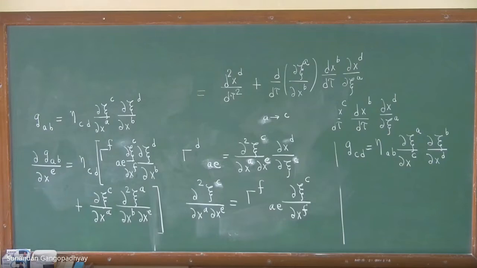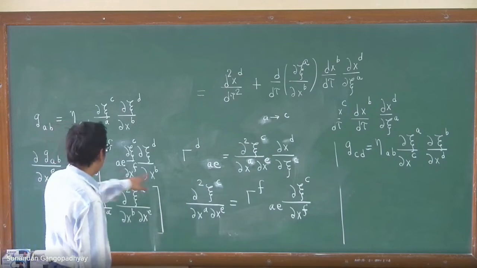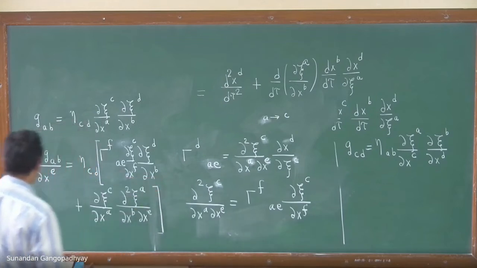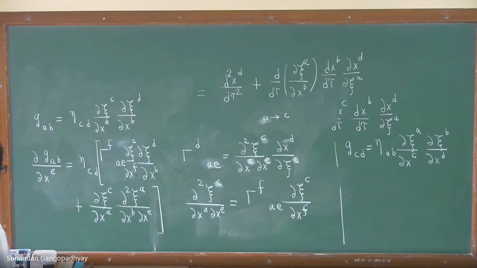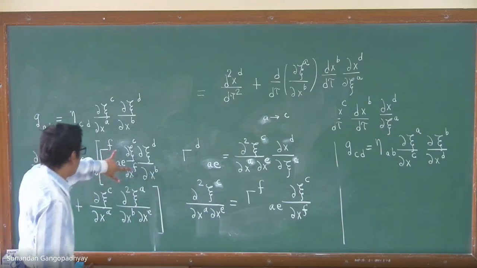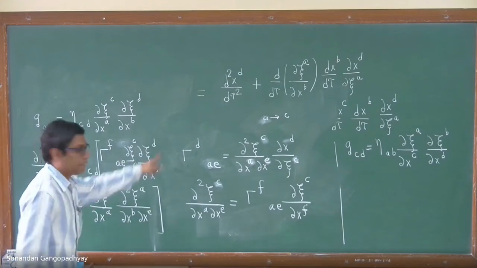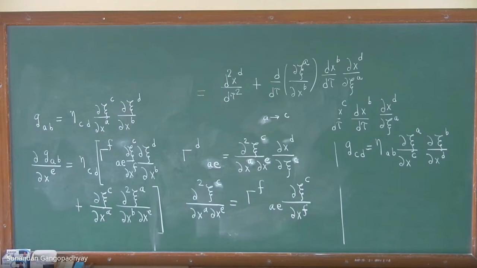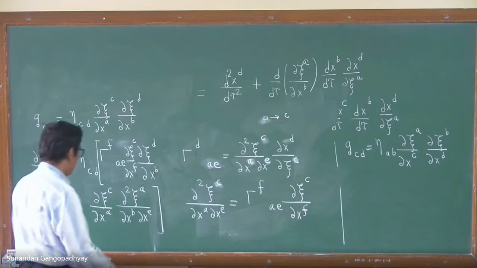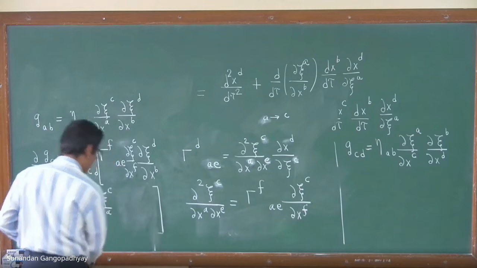Just keep track of your indices. See, a, b, and e are three indices. So you should have the same here also: a, e, and b. These are three indices. f is dummy. c is contracted. b is contracted. Okay. Similarly, you can change this also. What will be this?